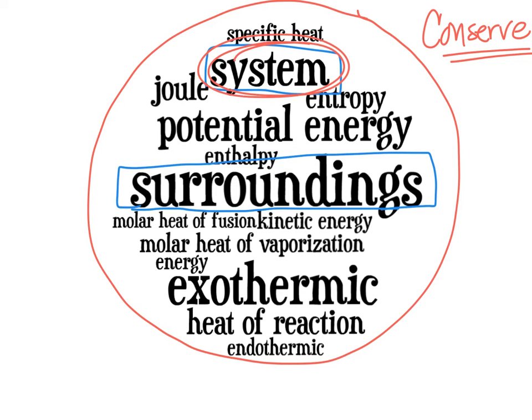And then that means that the surroundings are everything beyond it, outside of the system. So if the circle was a beaker, we would be looking at the reaction and the energy in the beaker, and then we would look at everything outside of the beaker and decide, was the energy being put into the beaker or was it being taken out of the beaker, and that would help us define the focus of the problem.